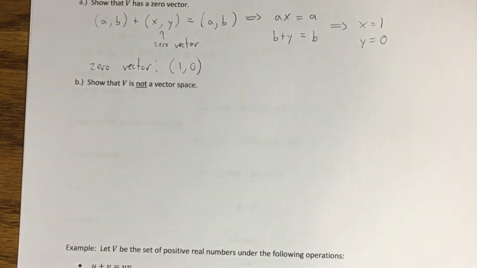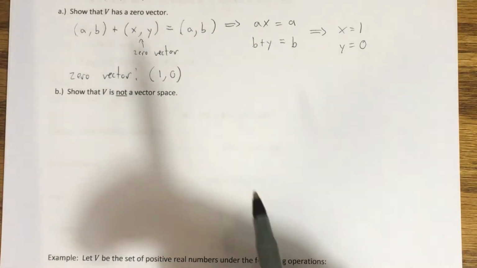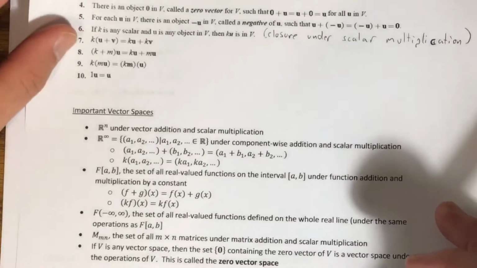But remember, I need to show that this is not a vector space, which means I need to show that it fails one of my vector space axioms. Now, it may fail several of them, but that's not really important because if it fails any one of them, then it can't be a vector space. So I just need to find one that doesn't work. Let's go back to our set of axioms, and let's pick one to try.